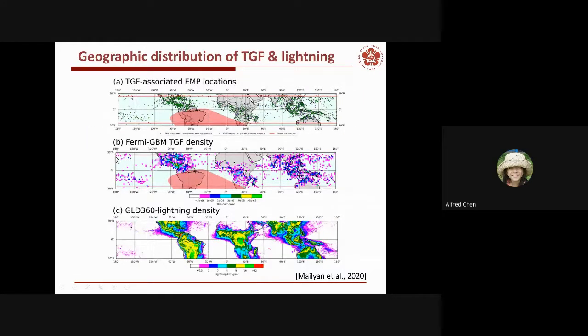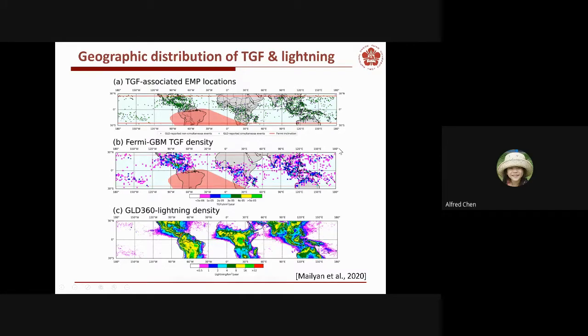The Fermi gamma ray flashes are shown in this one, and this is the EMP pulse associated with the terrestrial gamma ray flash location, and the lower panel indicates the lightning density, which is constructed by the GLD360 global lightning detection network. So we can find that the distribution of the terrestrial gamma ray flashes perfectly overlaps with the lightning distribution.